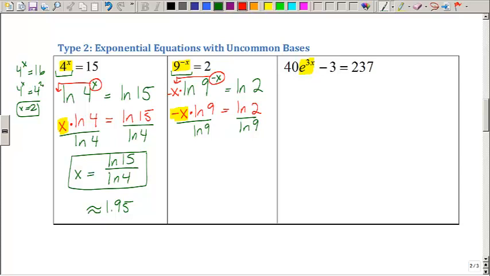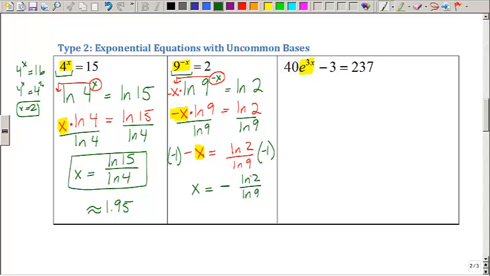which leaves me with negative x equals ln 2 divided by ln 9. And I've almost got that x isolated, but I really don't want the negative in front, so I'm going to multiply both sides by a negative 1. Which leaves me with x equals negative, or the opposite of, ln 2 over ln 9.